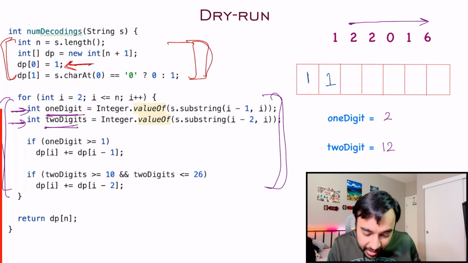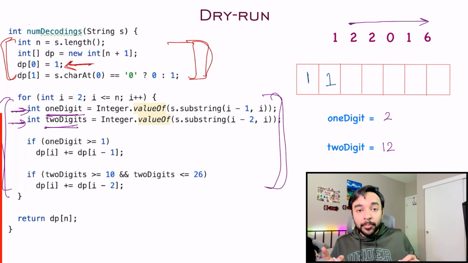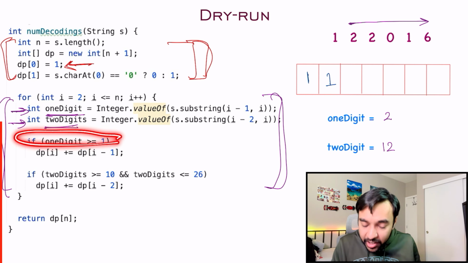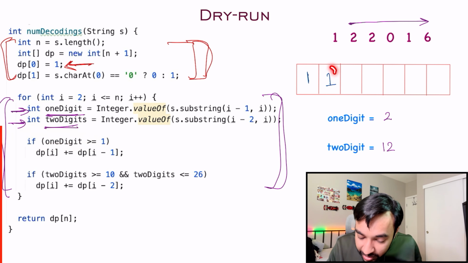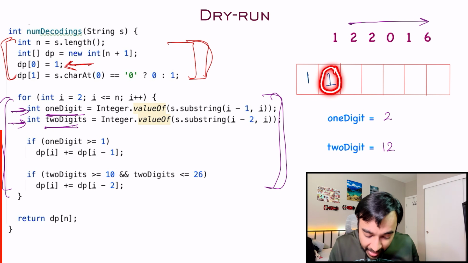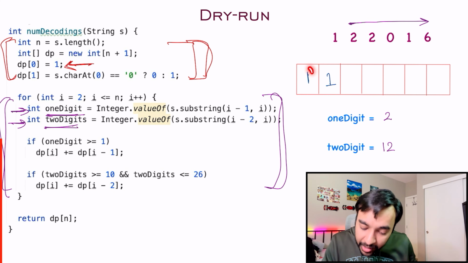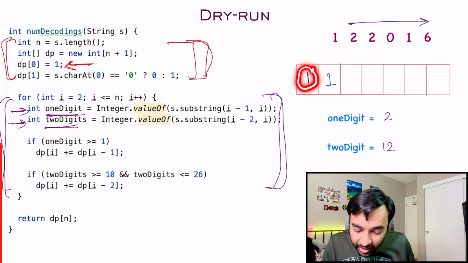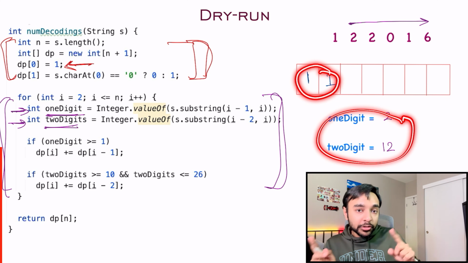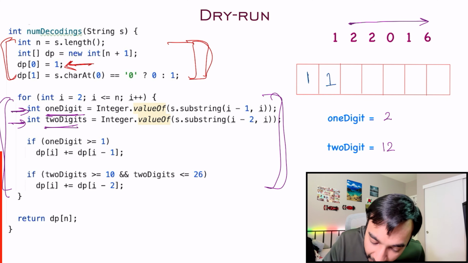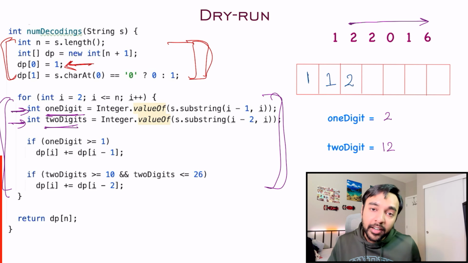And now in the next steps, I just check if both of them are valid cases. So if 1 digit is valid, I add up this i minus 1th index, and if 2 digits are valid, I will add up this i minus 2th index as well. Currently, both of them are valid. So I will add 1 plus 1 and that will give me a 2 over here, right?